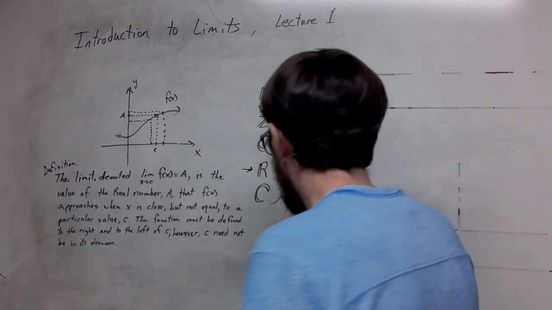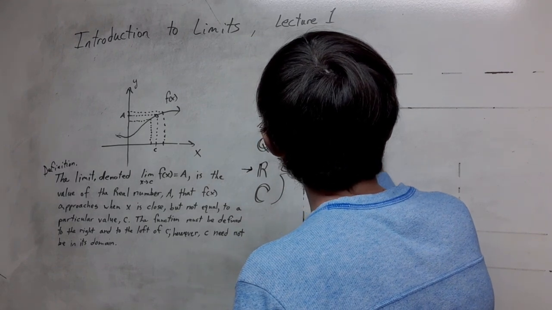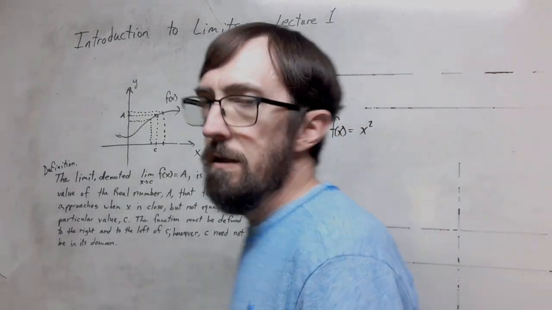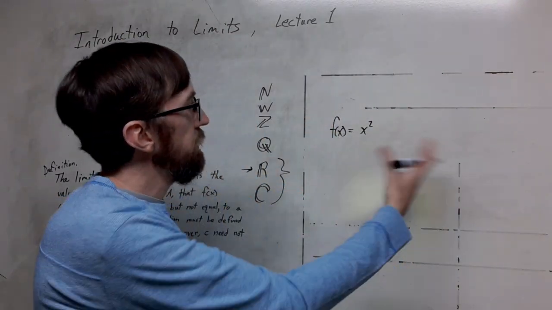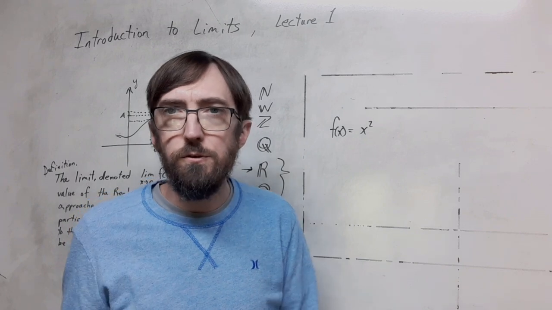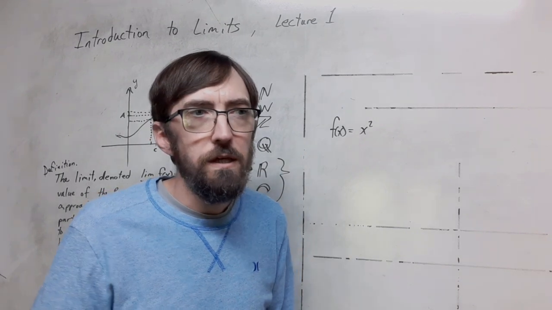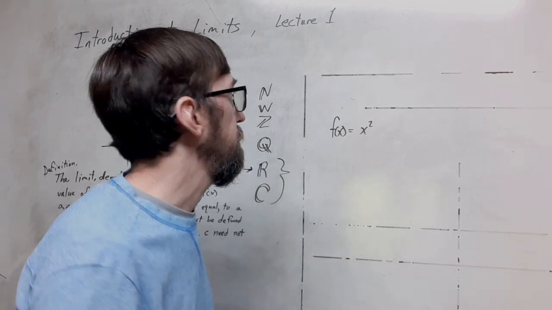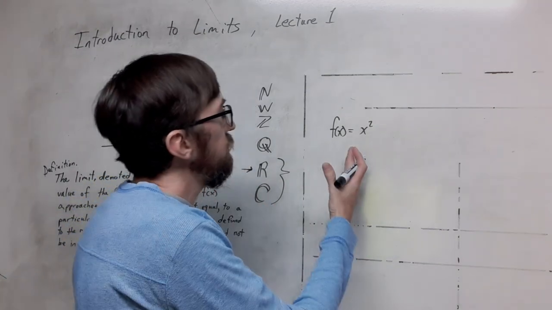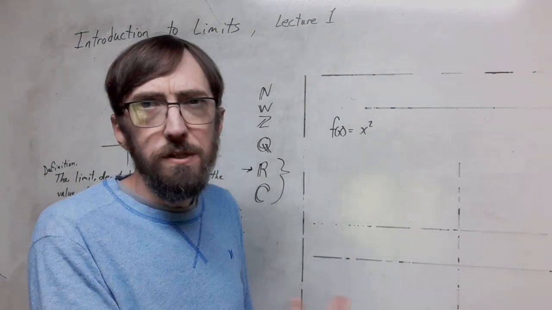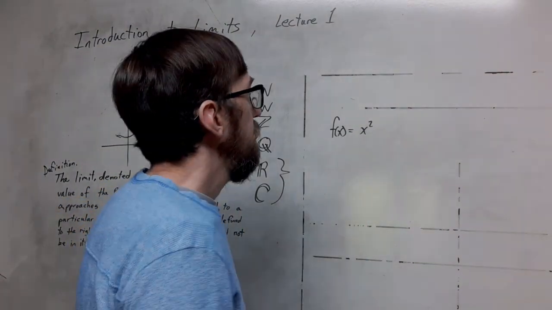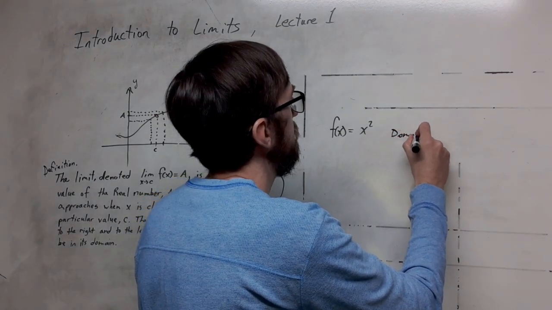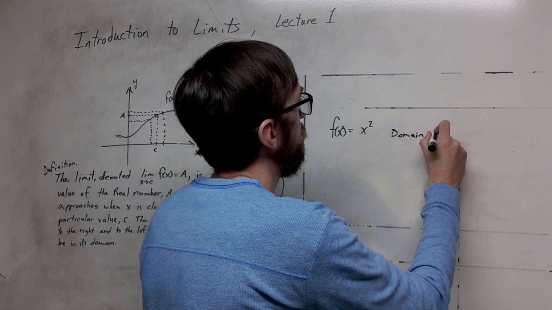So let's start off with, let's define some function, say x squared. This is a function that you hopefully have been introduced to as early as your Algebra 1 course, if not sooner. So let's talk about the properties of this function. The domain for this function is all real numbers.